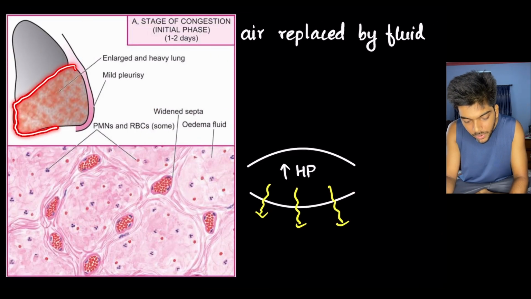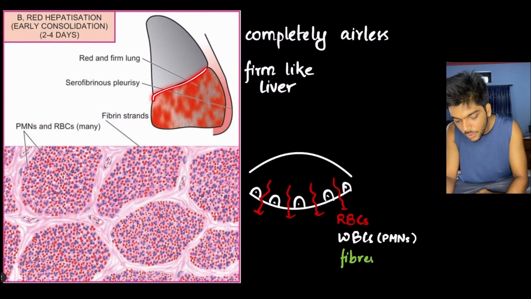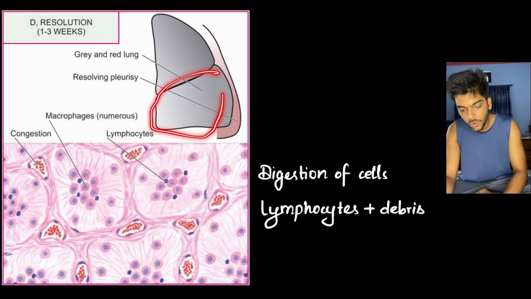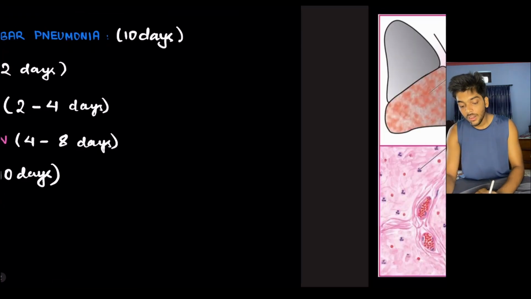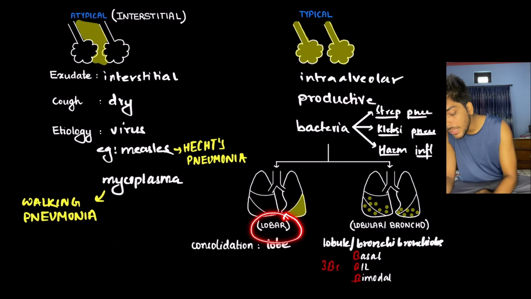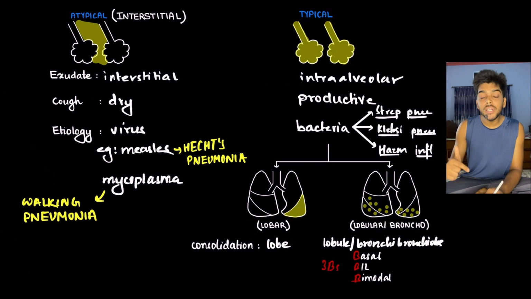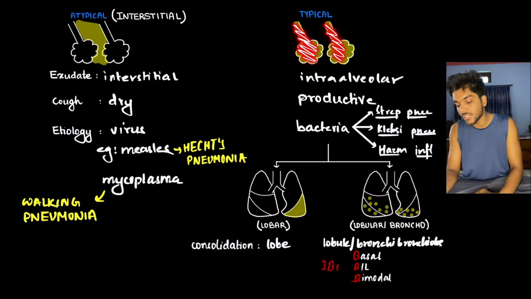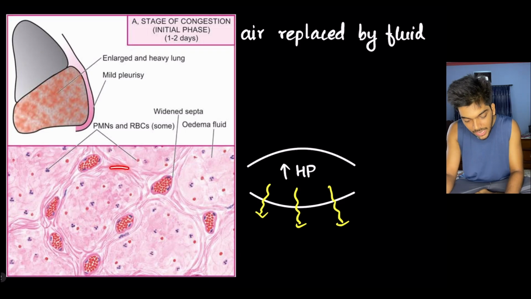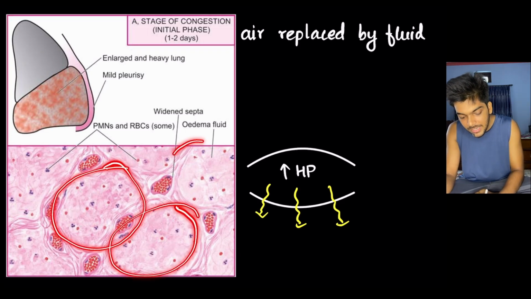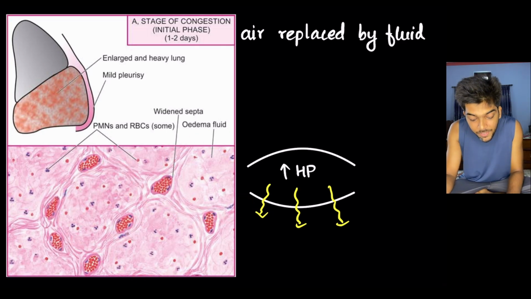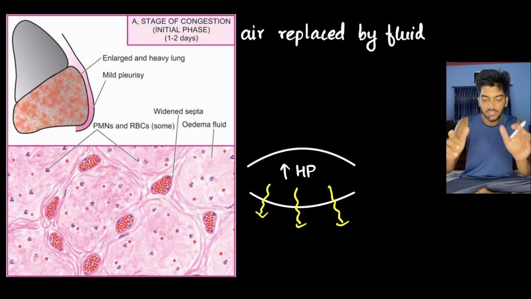Second thing, lobar pneumonia is a typical pneumonia. That means the exudate is present inside the alveoli, in the intra-alveolar space. So trace this. Here is alveoli. Inside the alveoli, you are supposed to have air space, but now there is no air space. It is filled with something. What is that something? Hear me out.